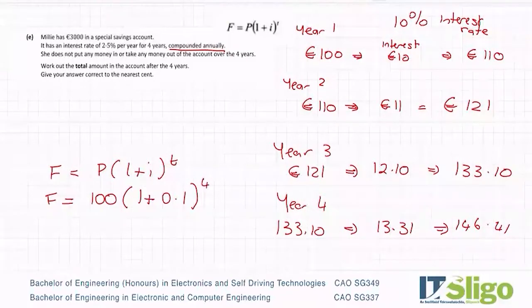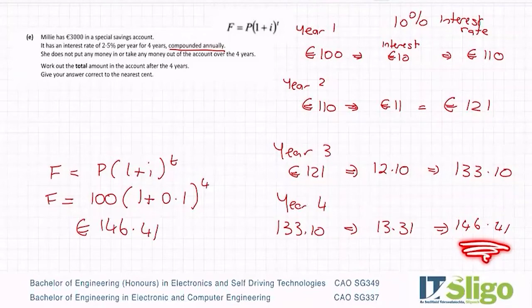Okay, and I just want you all to put that into the calculator and just convince yourself. I'll make sure you can get it into the calculator and you get 146.41. Okay, which is what I hoped you get. And of course, it should be the exact same value that we got from working it out the long way.